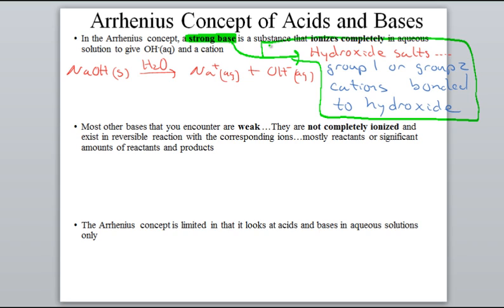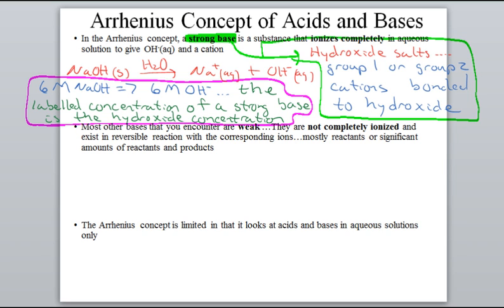So in reality, that 6M sodium hydroxide is really the hydroxide ion concentration. The labeled concentration of a strong base is the hydroxide ion concentration. And it should be easy to recognize. If you saw this, there's hydroxide in the formula, that's the hydroxide ion concentration. If you saw a labeled acid concentration, there's H's in there, that's the hydronium ion concentration.